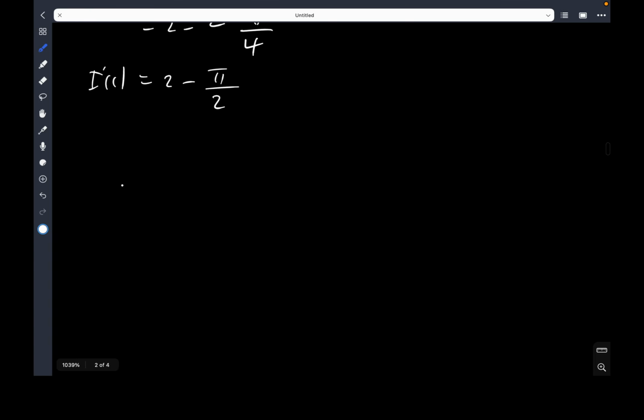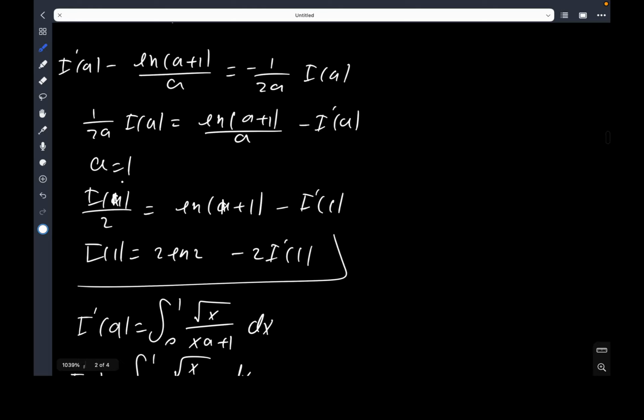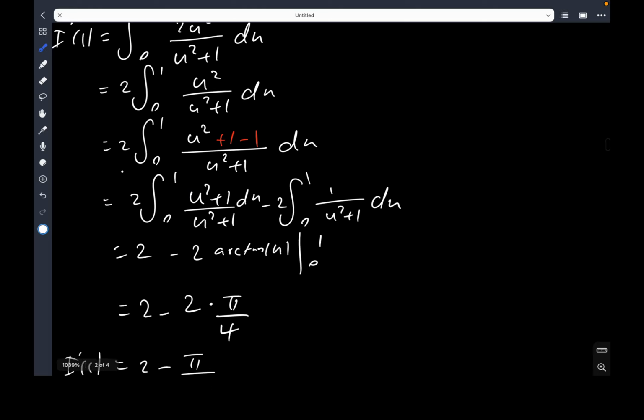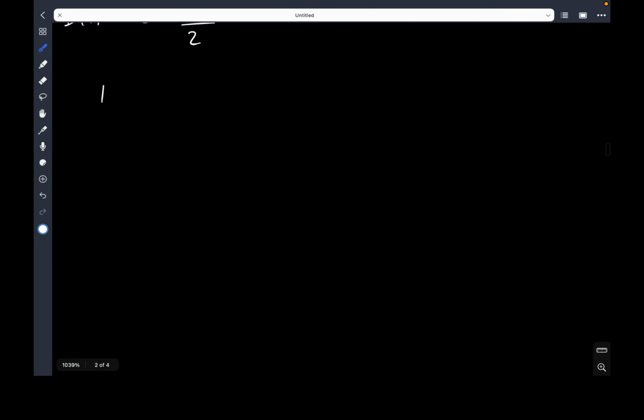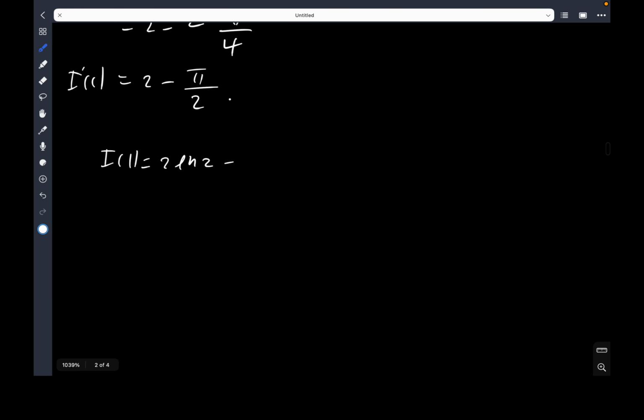Now let's see our equation here. Where was it? I of 1 equals 2 ln 2 minus 2 I prime of 1.